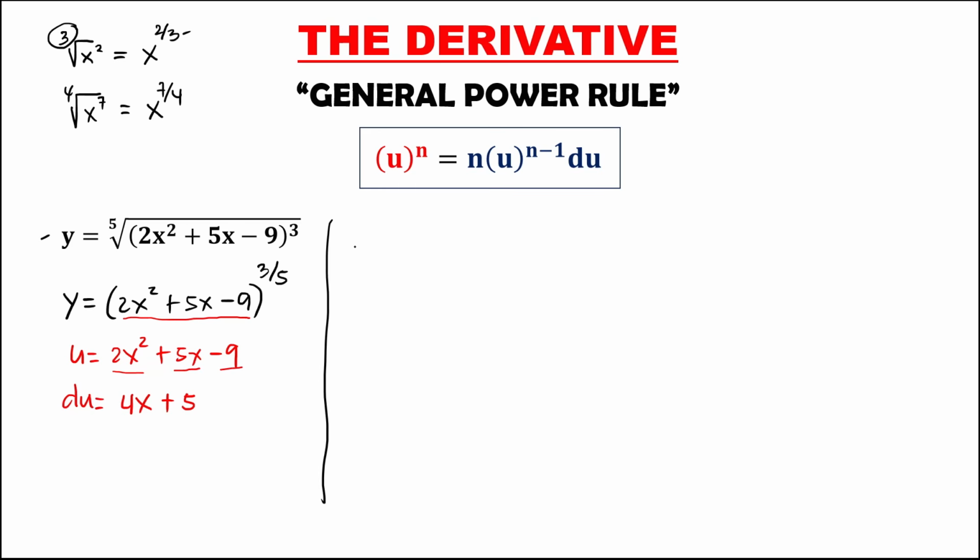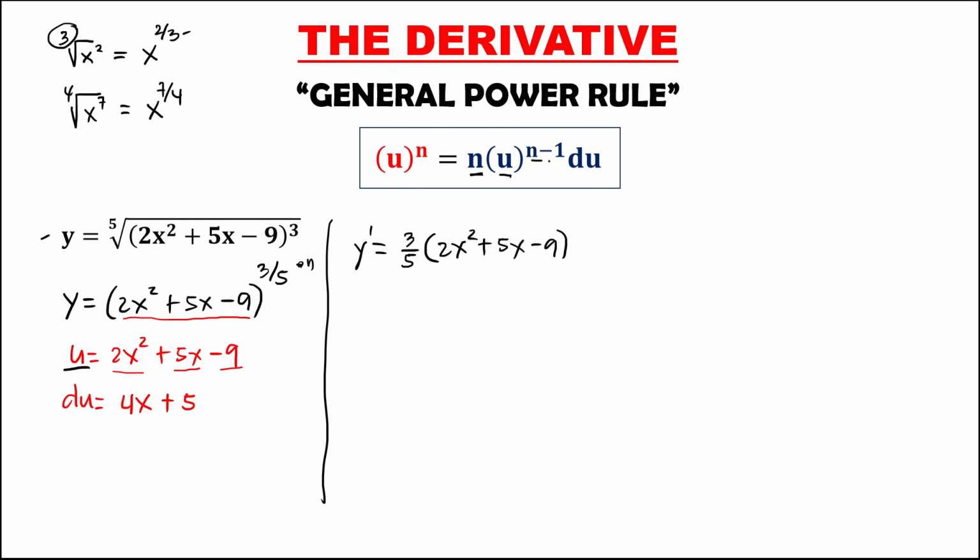Then to find the derivative, n is the exponent, so that's 3 over 5, then times u, and u is 2x to the power 2 plus 5x minus 9.